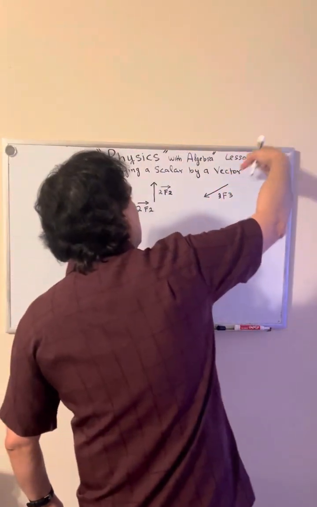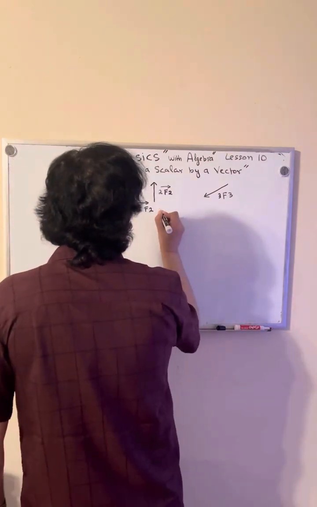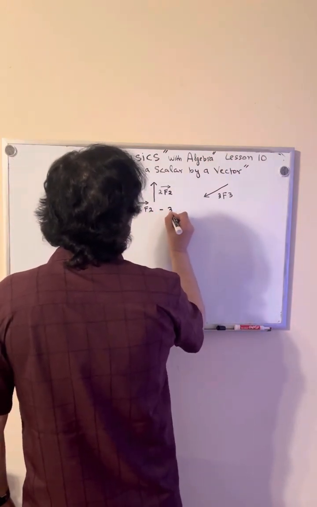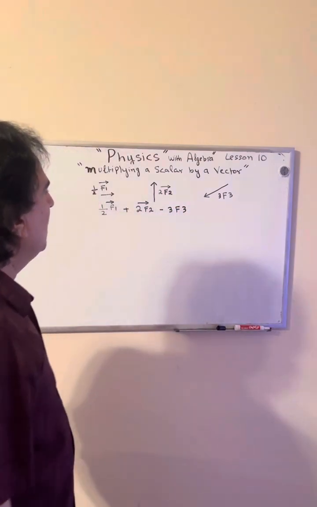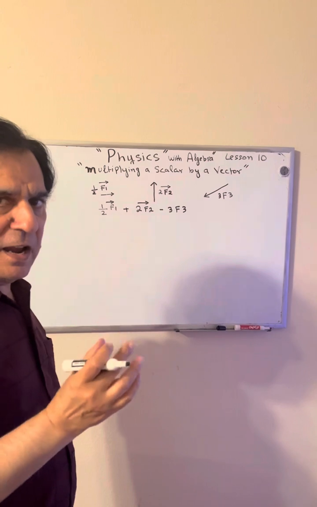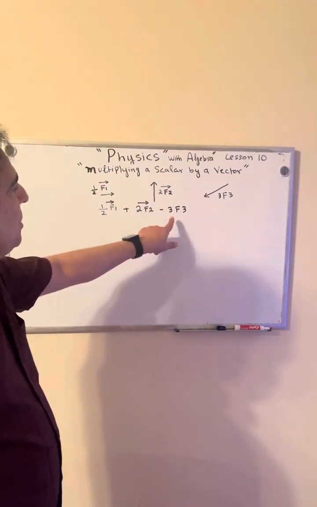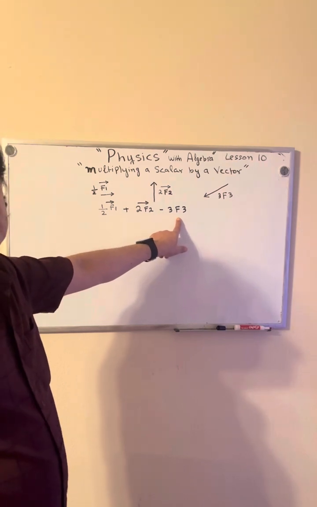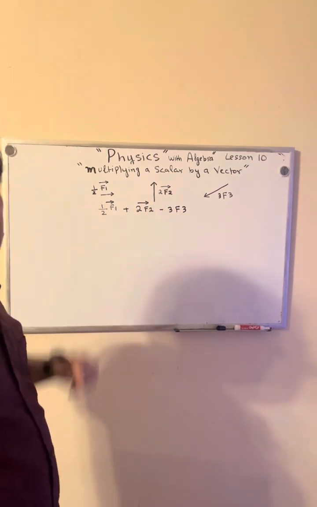It's coming in the reverse direction. So I have to put a minus sign here. So I have minus 3F3. Now the problem is when I draw this graph on the board, this negative 3F3 is going to mess up the orientation of the graph. So I need a plus over here.